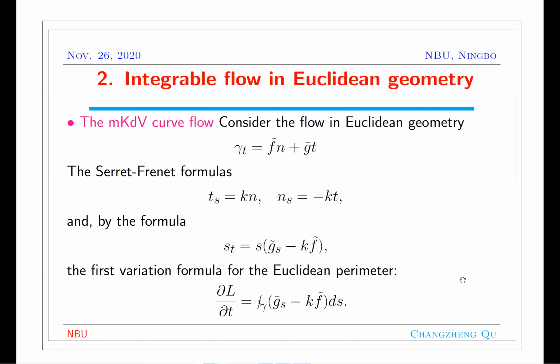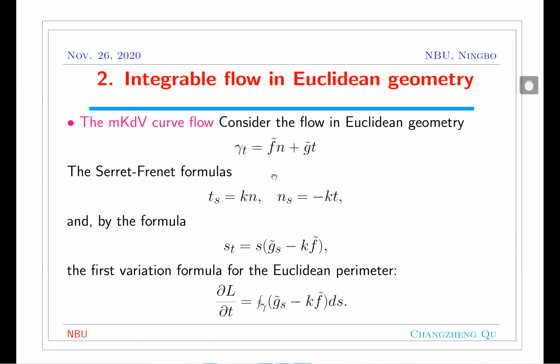First, let us recall the integrable curve flows in the Euclidean case. If we consider the flow, F tilde, G tilde are the velocities, and s is the arc length.